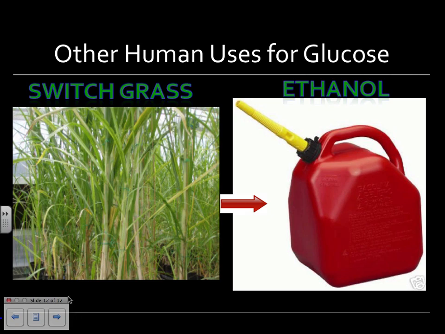They may see that the gasoline contains 10% ethanol. Ultimately, what's happening is that there's a process where the glucose from the switchgrass can then be transformed into ethanol, our fuel source. This is an interesting extension for your students to think about. There's all kinds of information on the internet about this process.